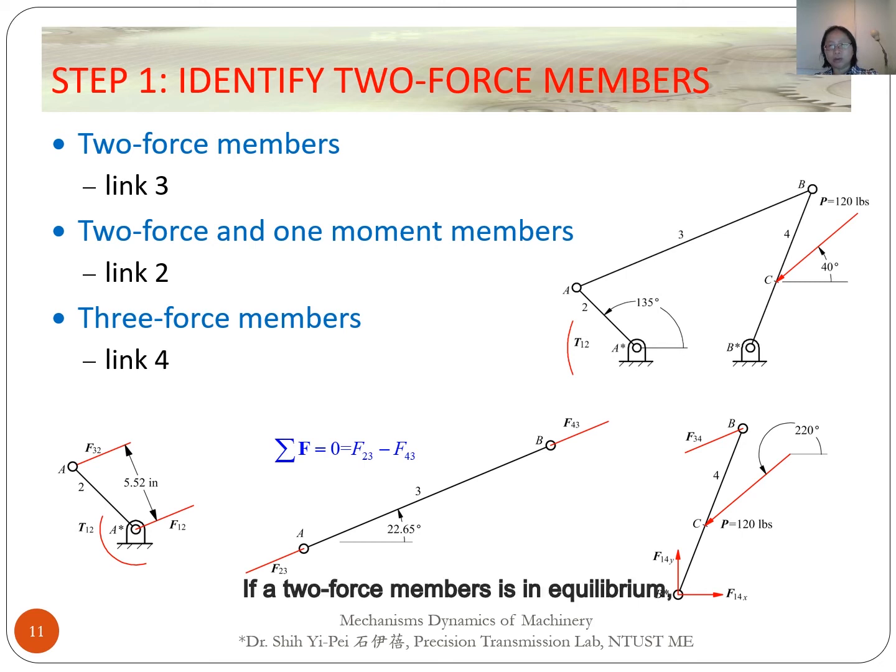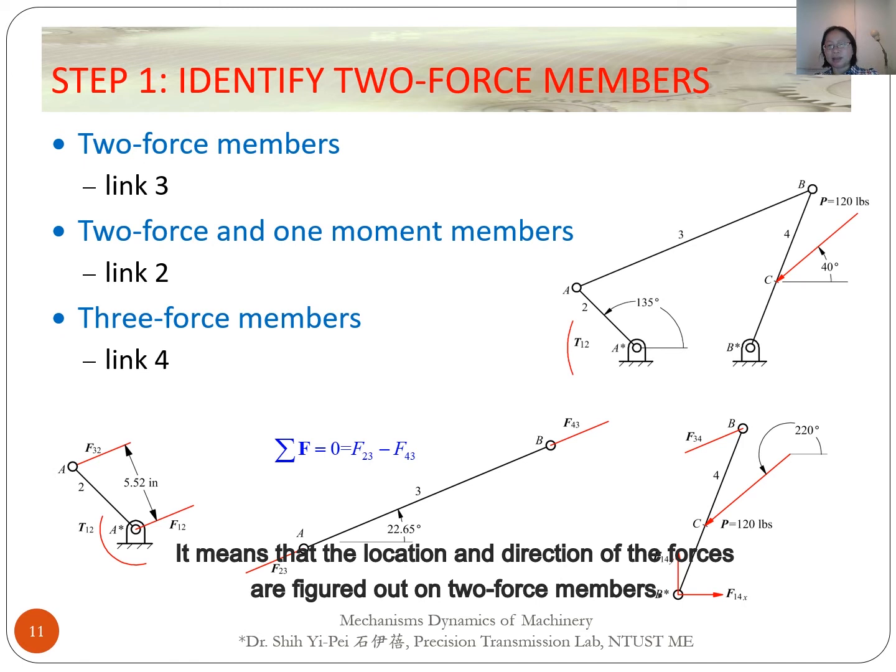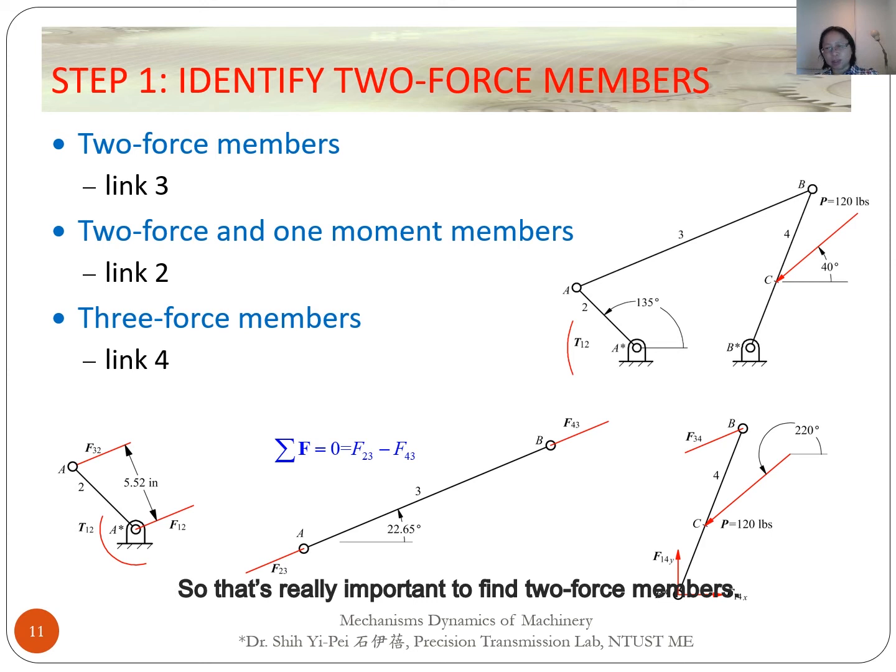If a two force member is in equilibrium, two forces are collinear and equal in magnitude, but in opposite directions. It means that the location and the direction of the forces are figured out on two force members. So that's really important to find two force members. Do that first.